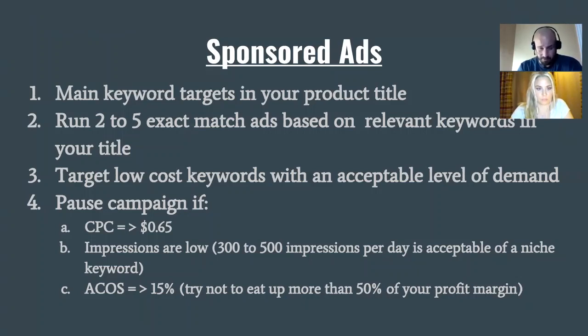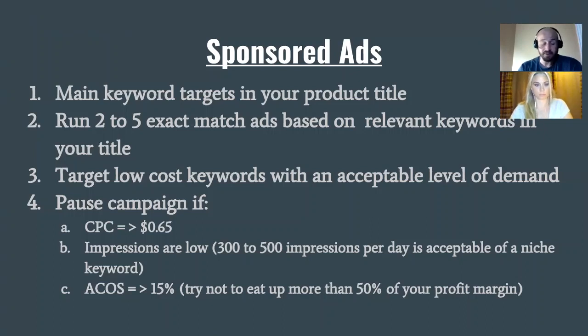However, on average, if your margin's around 30%, you don't want to eat up too much, especially in the beginning, right? In the beginning, you can put a little bit more money up front on your advertising, but that should definitely balance out in the end. So you want to lock into keywords that aren't going to cost you a lot of money long term, right? So we want to easily rank for keywords. These are just some metrics that you can use as a reference to dial into your ads, right?